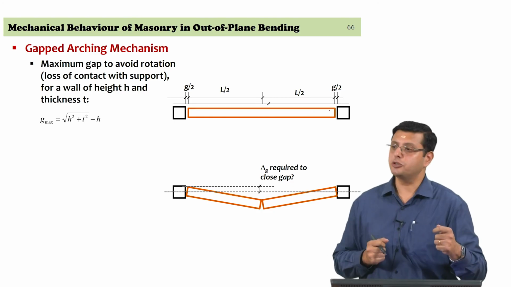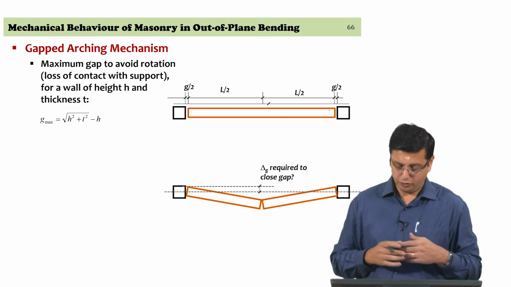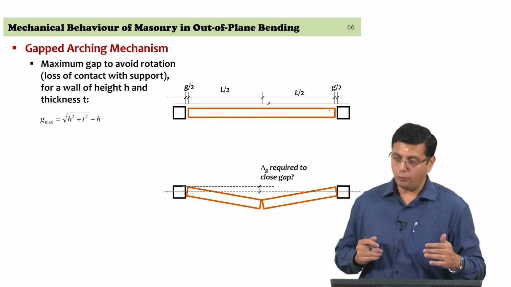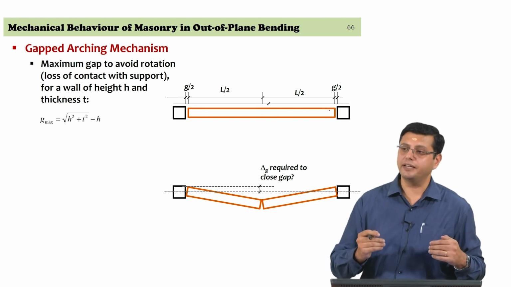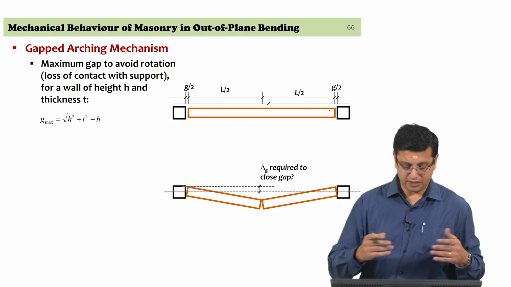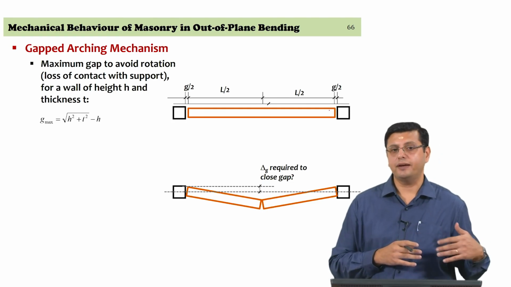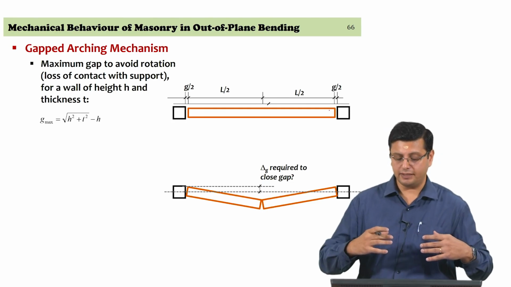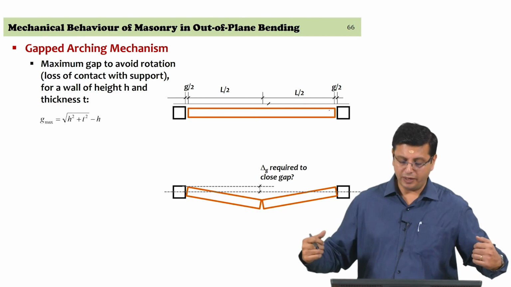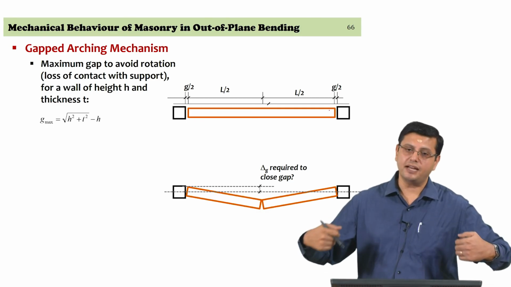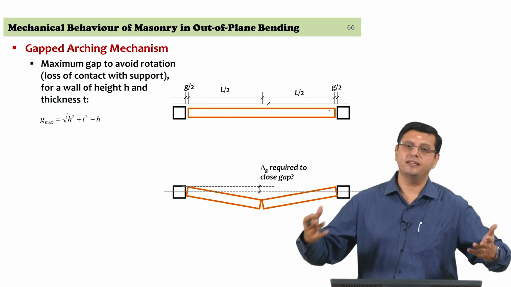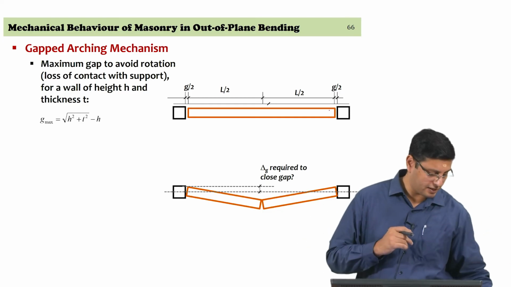So, how much should the wall deflect? Again, you can make an approximate estimate of how much should the midspan deflection be, such that you get midspan deflection that you can permit, which will ensure that contact is established, and then the capacity can be estimated accounting for the gapped arching action.